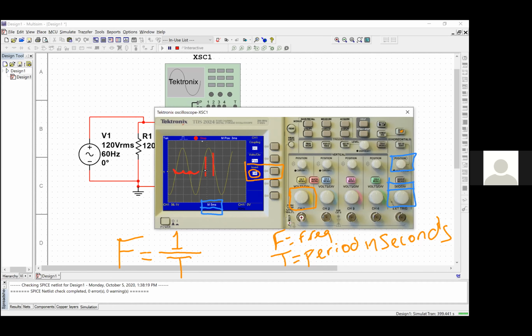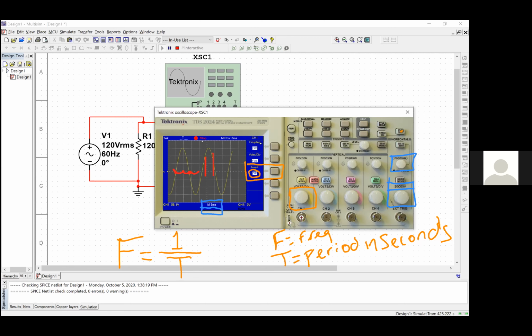Now, between each division, we have 5 equal subdivisions. That means that if one division is equal to 5 milliseconds, each subdivision is equal to what? 1 millisecond. Yep, that is right.